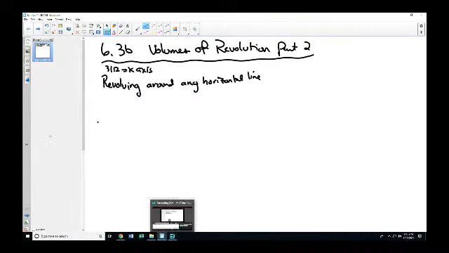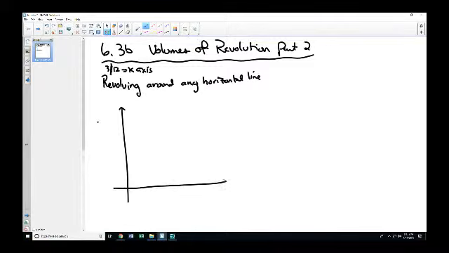What does it say? 312, that was yesterday. So we had x-axis yesterday. When we do it around any horizontal line, it just brings top minus bottom in a couple of different layers. Okay, let's revolve.